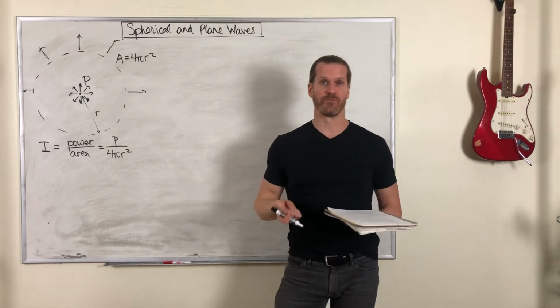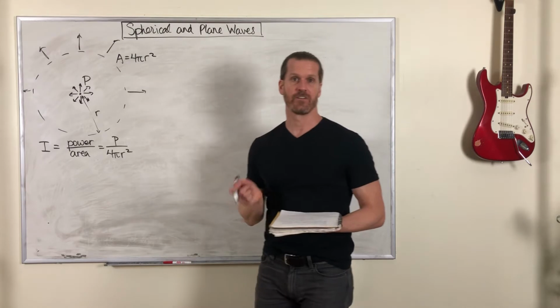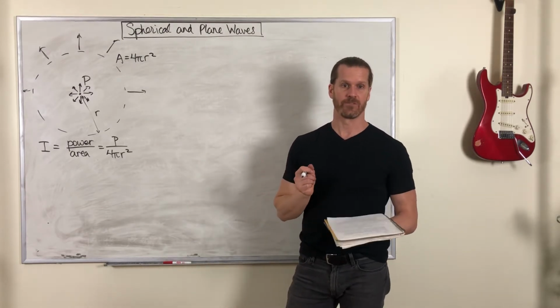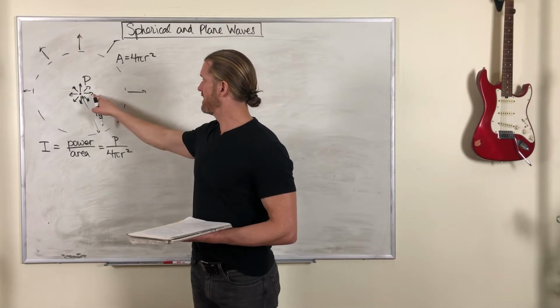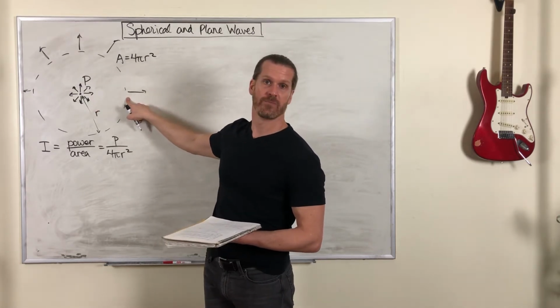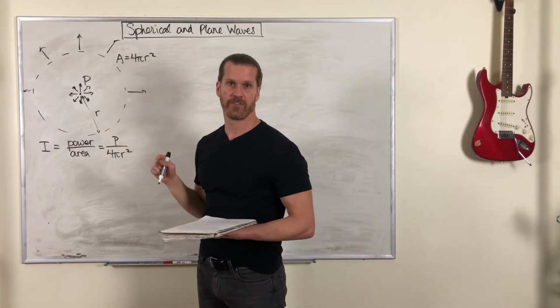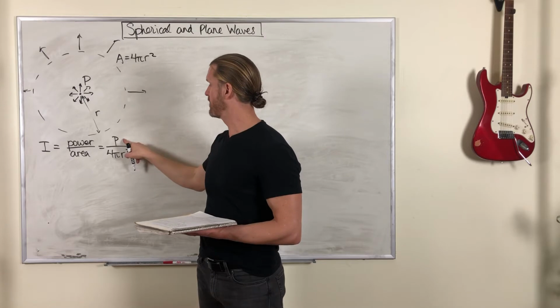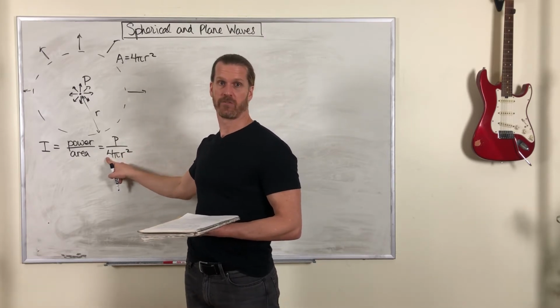And maybe you remember from geometry class that the surface area of a sphere is 4 pi r squared. So that means that the intensity of sound waves at distance r away from the source is the power of that sound source divided by the area, or surface area of a sphere, 4 pi r squared.